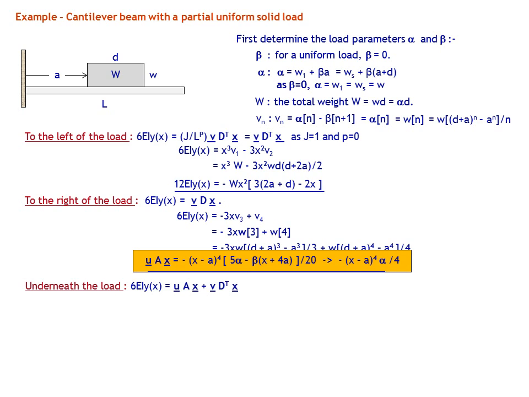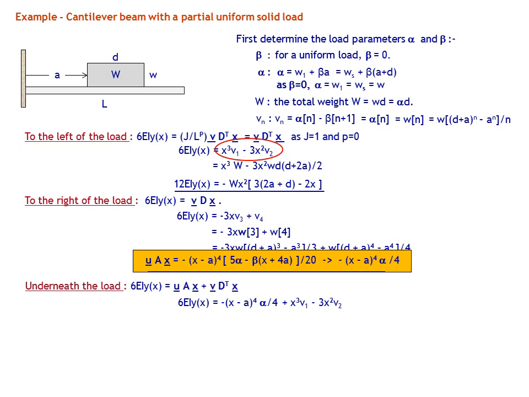Finally, underneath the load, the full deflection equation always applies, which simplifies somewhat here as J is equal to 1 and P is equal to 0 for a cantilever beam. Here I'll use the general expression for UAX developed in an earlier slide for a linear load. As beta is 0, this simplifies to UAX is equal to minus x minus a to the 4th power times alpha all over 4.